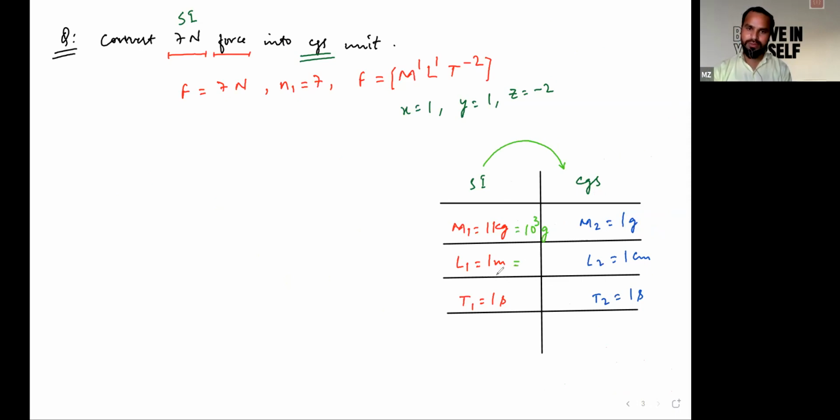Similarly, for meter, to convert into centimeter, it would be 10 raised to the power 2 centimeter. And in time, in either of the two systems of units, they are equal. Is it clear to everyone? Yes, sir.